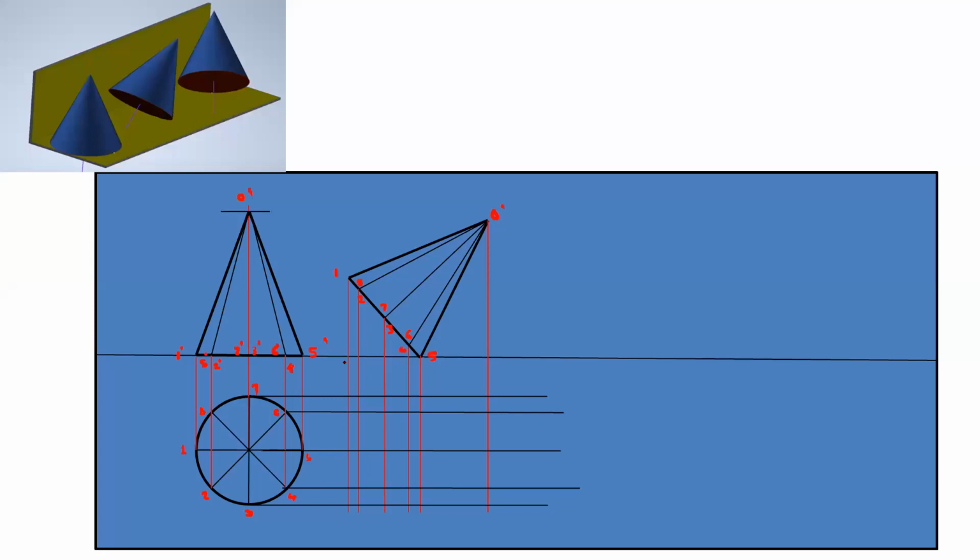You can observe here, this is the projector from point 1 dash, and observe the same projector from point 1. So this is the first intersection point, point 1. Similarly, identify the remaining points.